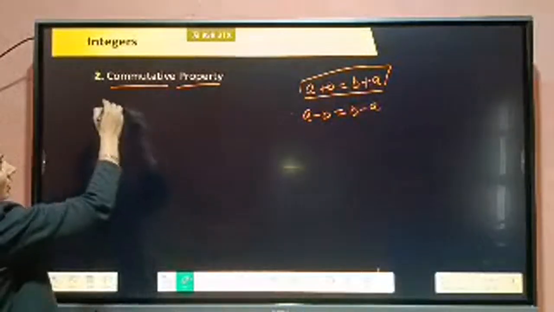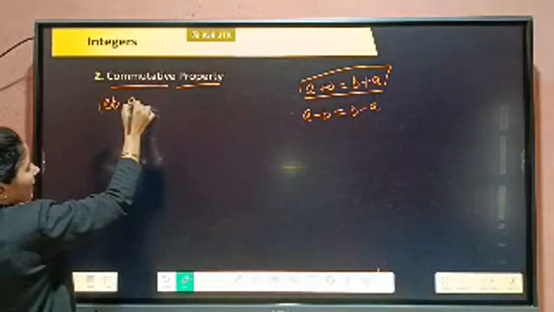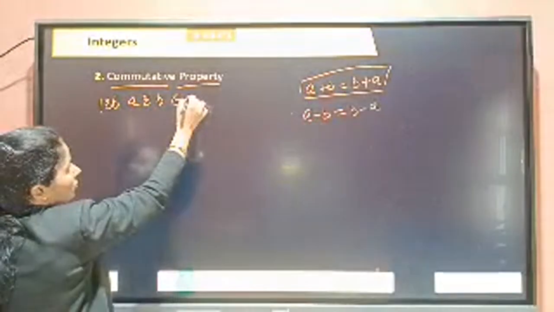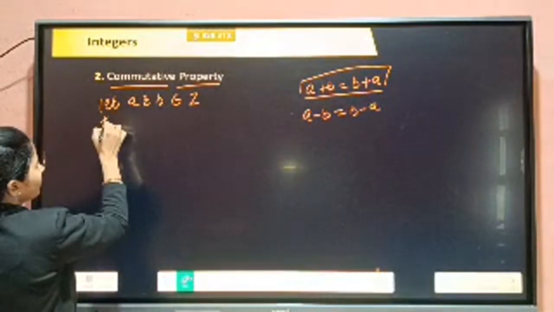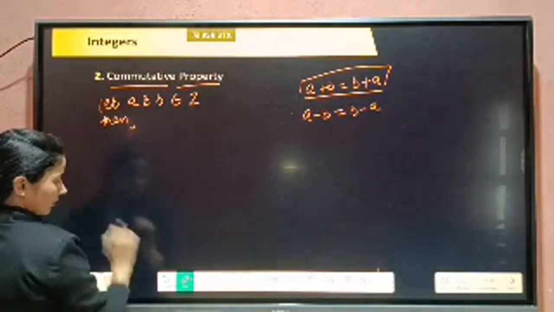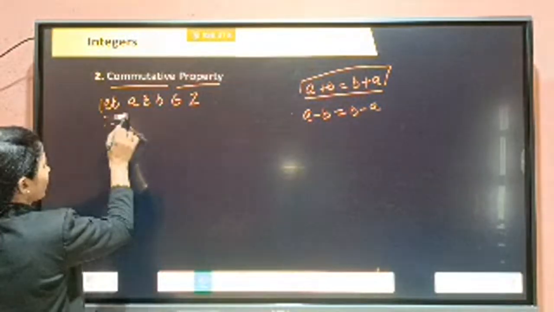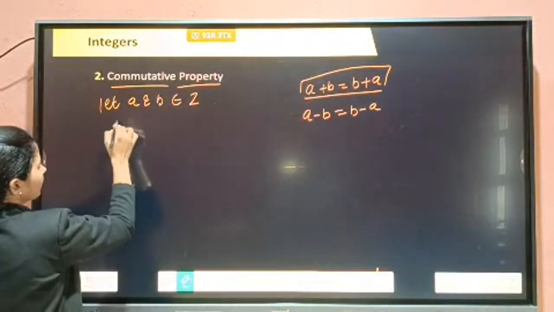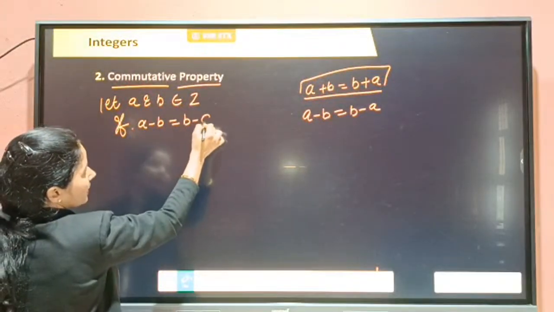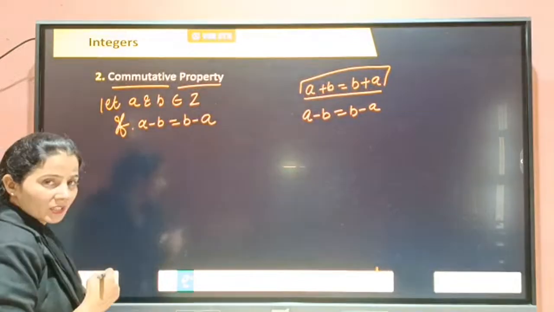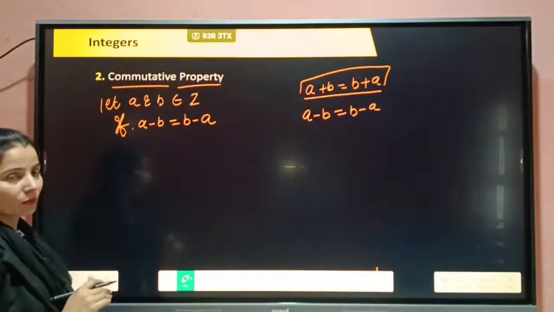Let A and B belong to Z, where Z means integers. If A minus B equals B minus A, then we can say subtraction is commutative.